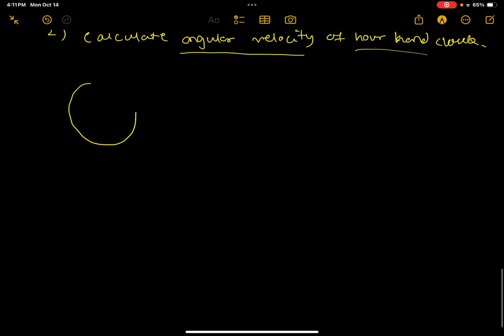So the hour hand of a clock, it's like this. It takes 12 hours, right? It takes 12 hours to make one rotation.